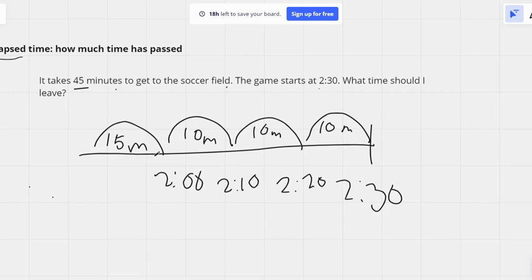I could split it up 5, 5, 5. 2 o'clock minus 15 minutes is going to be like taking 60 and taking 50 away, because 60 minutes would be the start of this next hour, and I'm going to take 50 away, or not 50, 15, sorry.